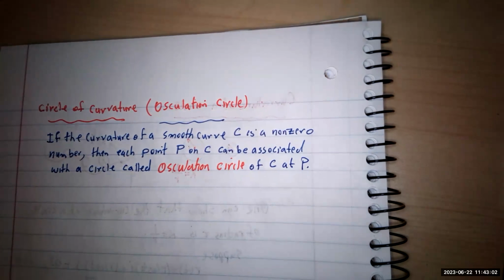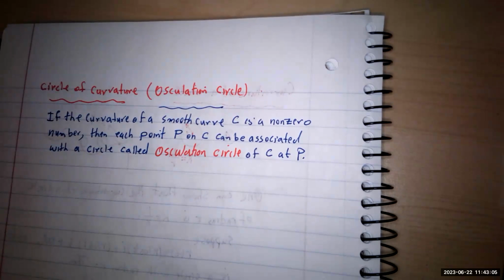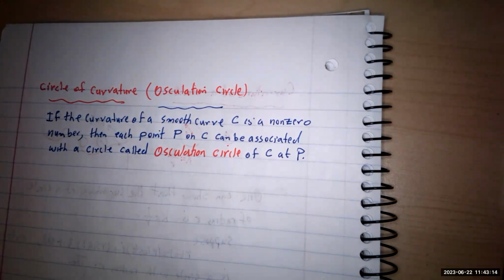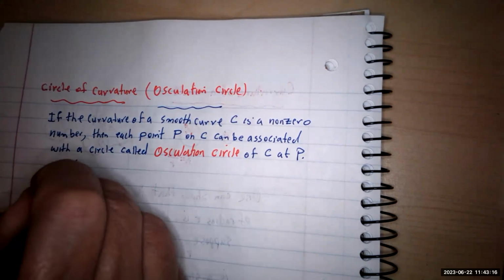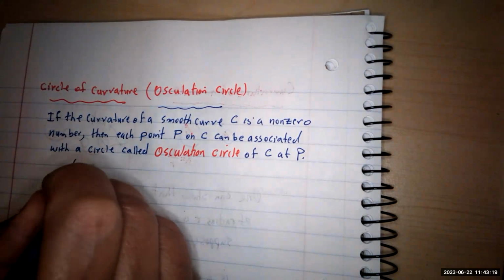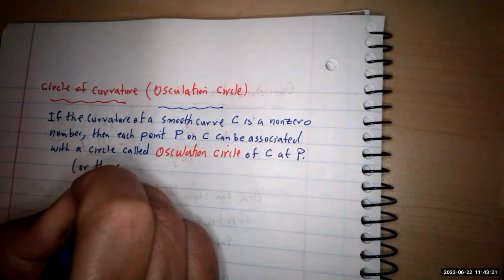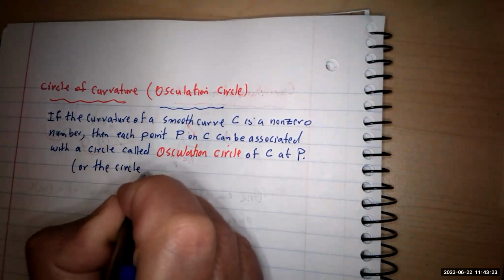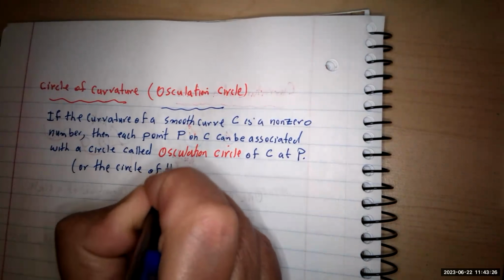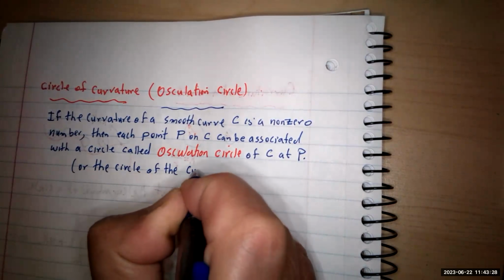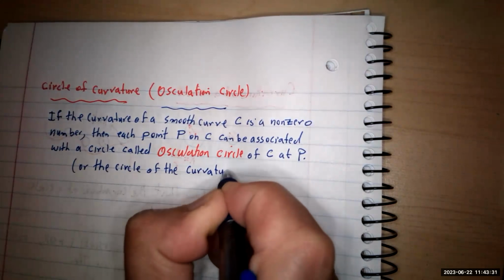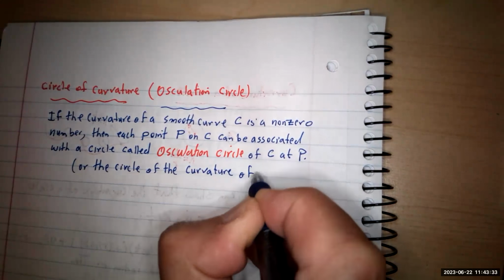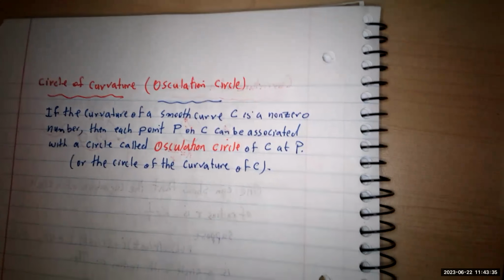So at any point, if you travel along the road, the freeway, if you want to find your curvature, you have to look at that circle. Sometimes they call it the circle of curvature. In your book, they call it the circle of curvature of C. This is it.